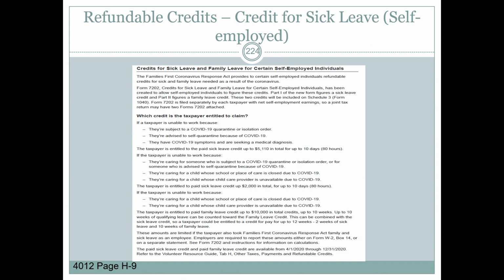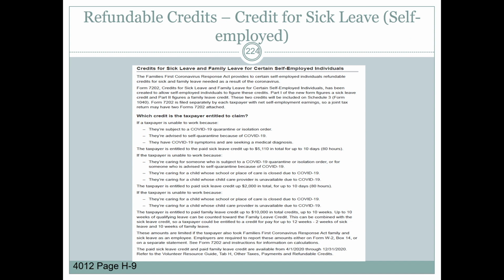The form that you would complete is the 7202, credits for sick leave and family leave for certain self-employed individuals, which has been created to allow self-employed individuals to figure these credits. Part 1 of the new form figures a sick leave credit, and Part 2 figures the family leave credit, so there are two different sections.